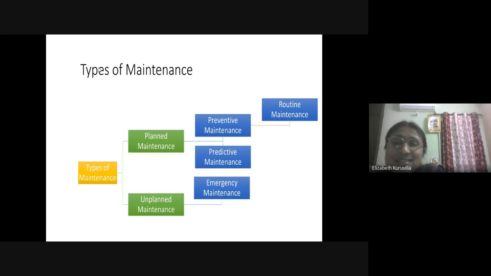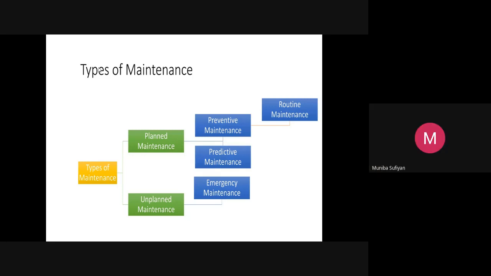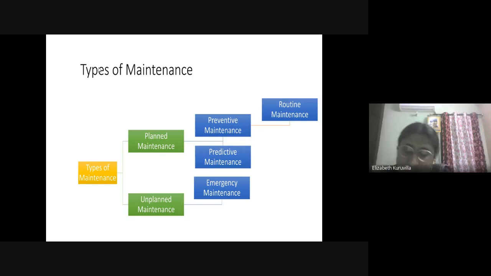Then any other? Whether you have a separate room for that? Yes, there is a provision of a sick bay. Okay, sick room. Oh, you are using the word sick bay. Okay, good.